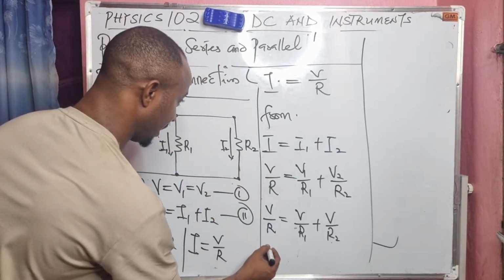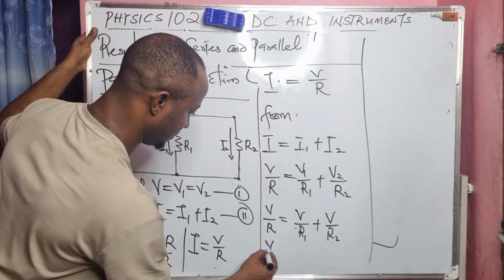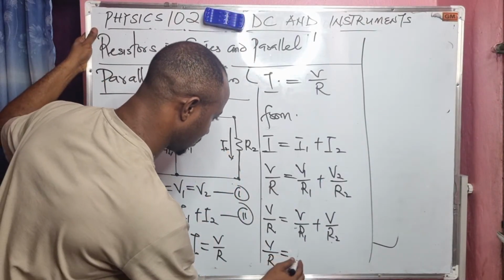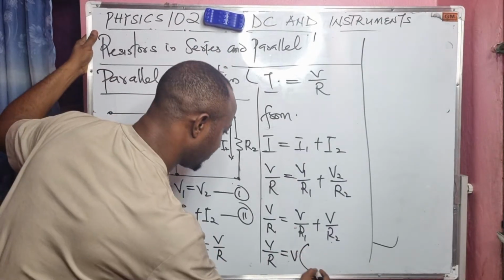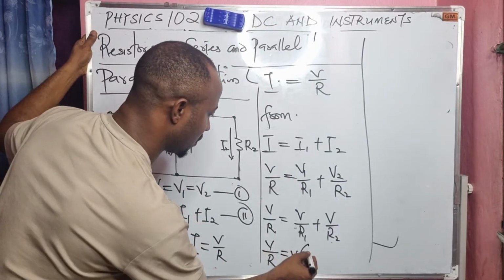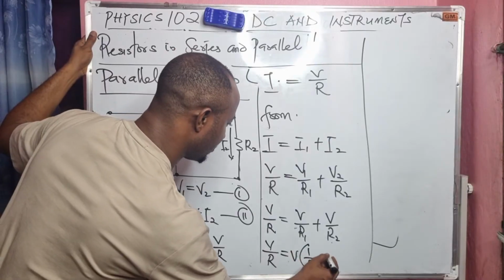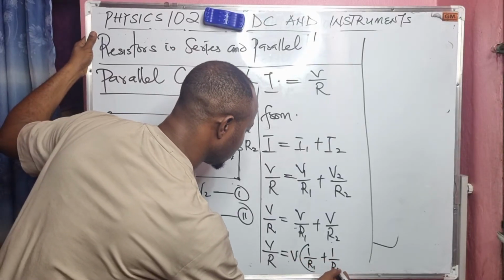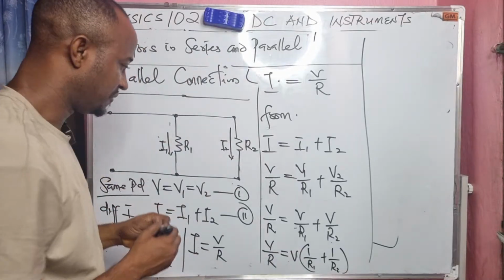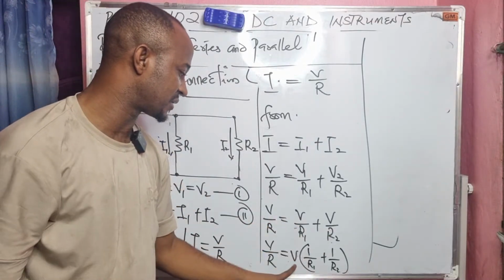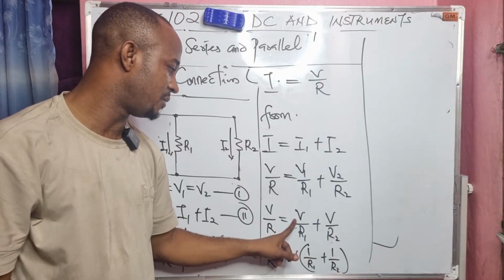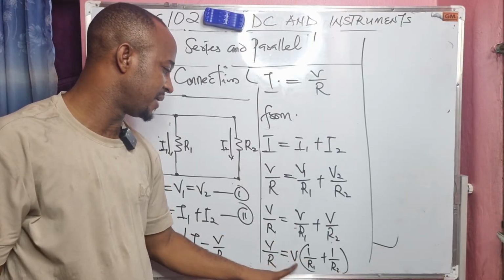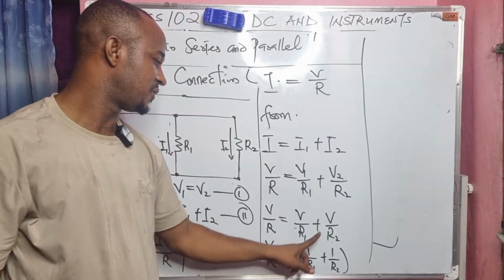Now let's go. Here we have V over R equals, what is common here? I can factor out V. In brackets, what will remain here will be 1 over R1 plus 1 over R2, right? V is the same. I have to factor it out. When you multiply V by 1 over R1, I will fall back to this. Multiply V by 1 over R2, I will still fall back to this.